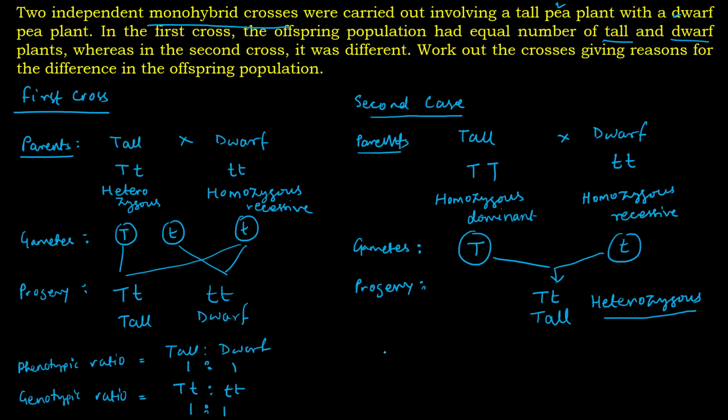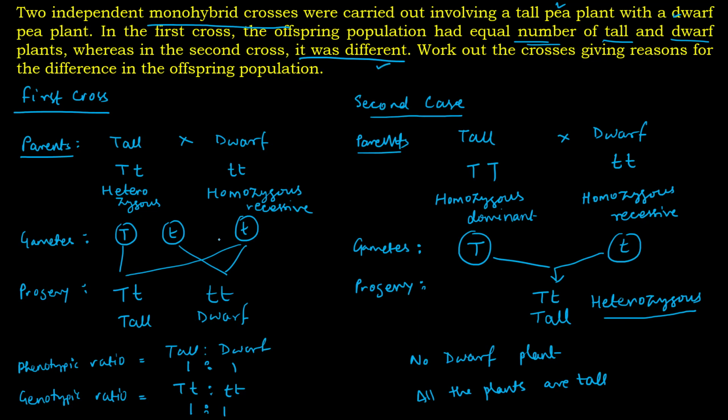So here the entire progeny is going to be tall and there is no dwarf plant, and that basically tells us that it is different, the number of tall and the number of dwarf are different.